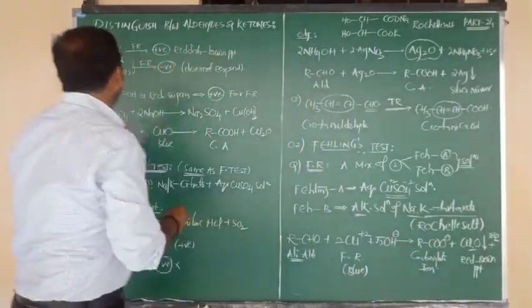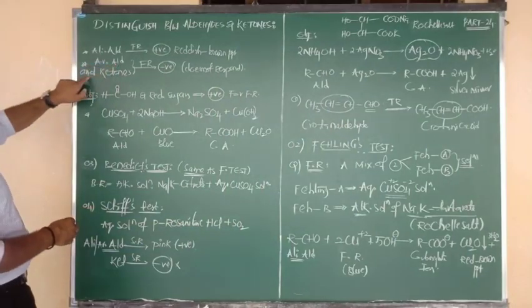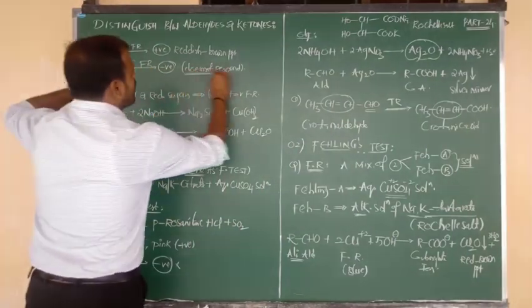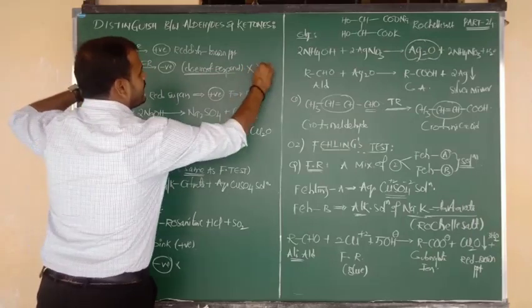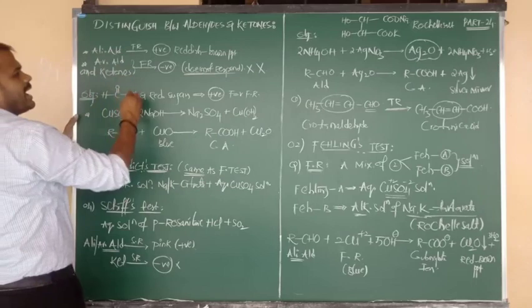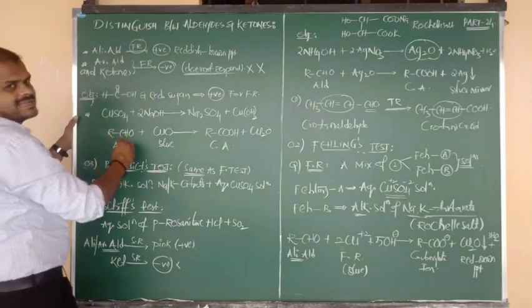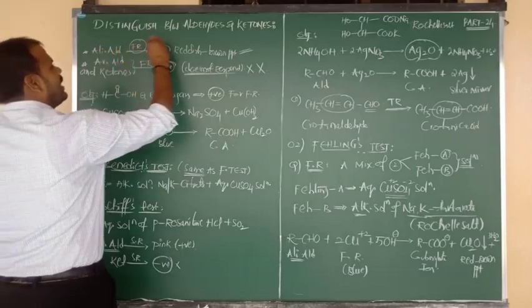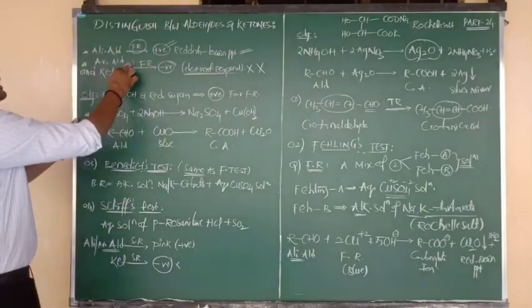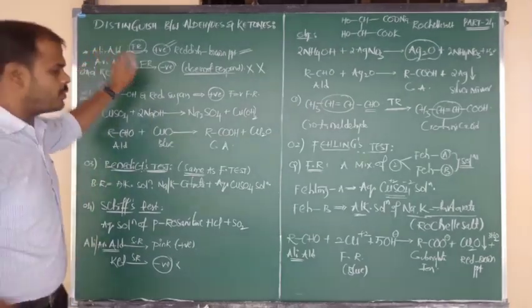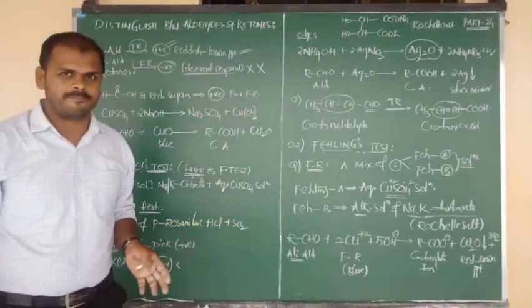The remaining, aromatic aldehydes and ketones, on reaction with Fehling's reagent do not respond and do not form reddish brown precipitate. Only aliphatic aldehydes form reddish brown precipitate, which means aliphatic aldehydes are positive, and aromatic aldehydes and ketones are negative. This is the main important conclusion from Fehling's reagent.